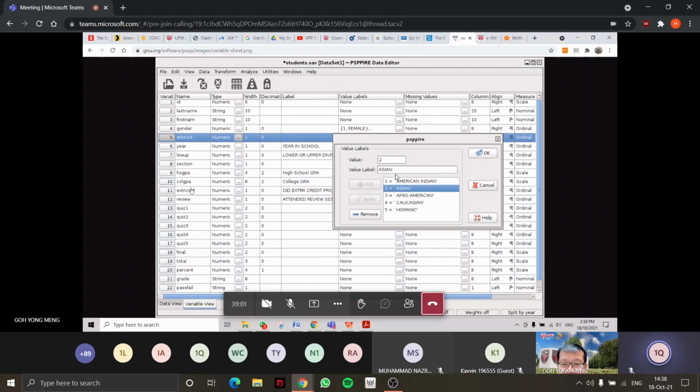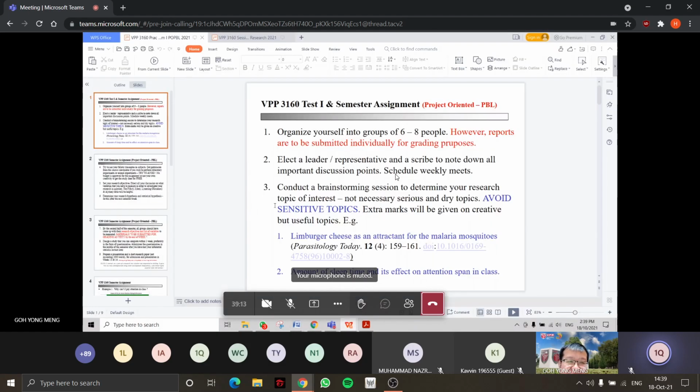This menu is more or less similar to SPSS. You just look at the analogy between, I'm sure some of you are now very familiar with WPS Office rather than Word Office. I'm using this now rather than Word Office because the Office 360 that UPM subscribed to always wanted to access the server, so it makes the entire system very slow.